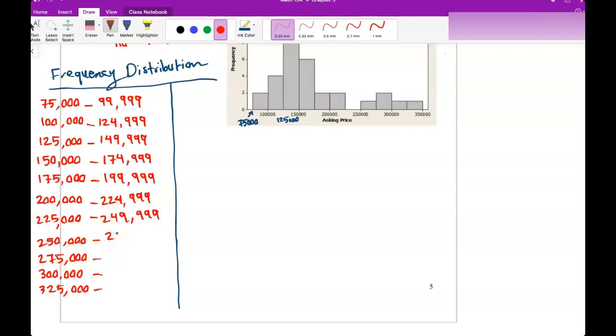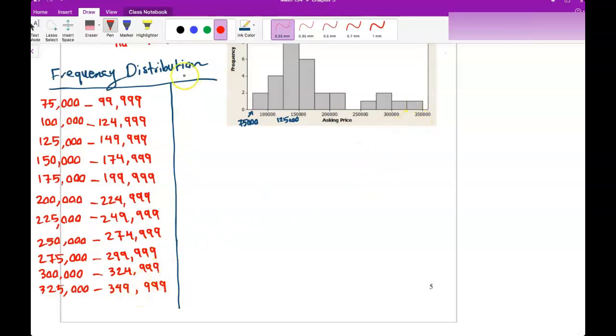And this one, 274,999. 299,999. Now finally this one is 349,999. So we stop here because the largest one is 350,000.